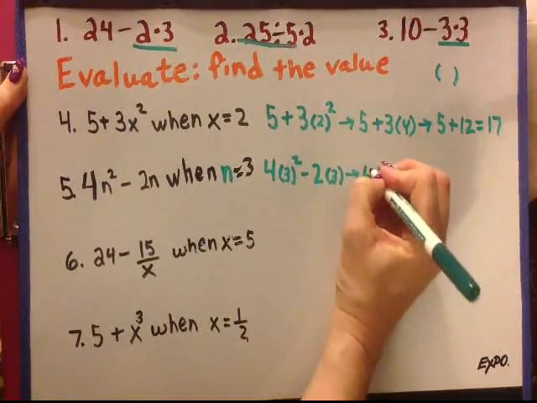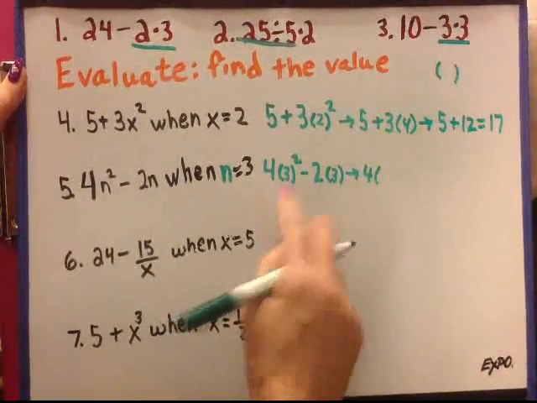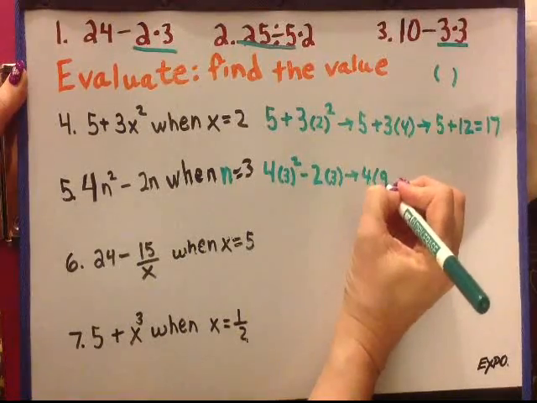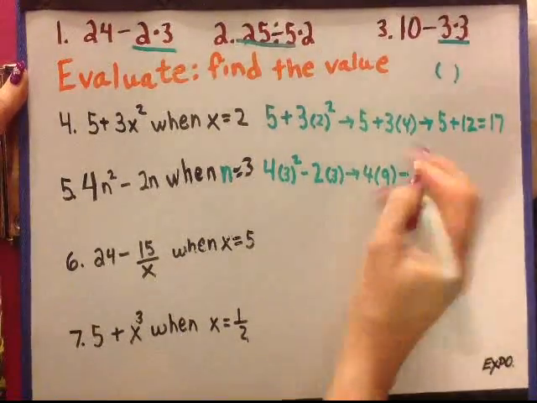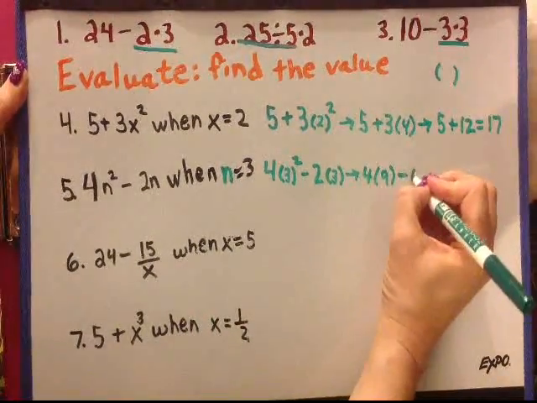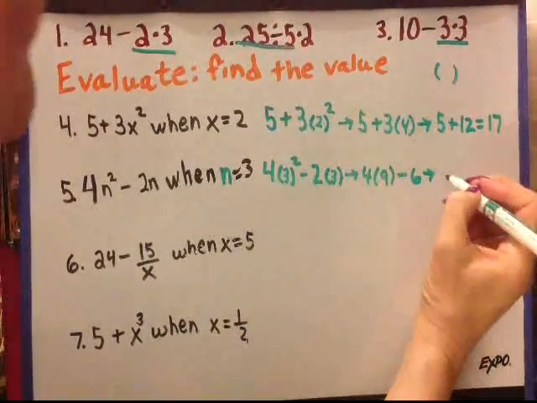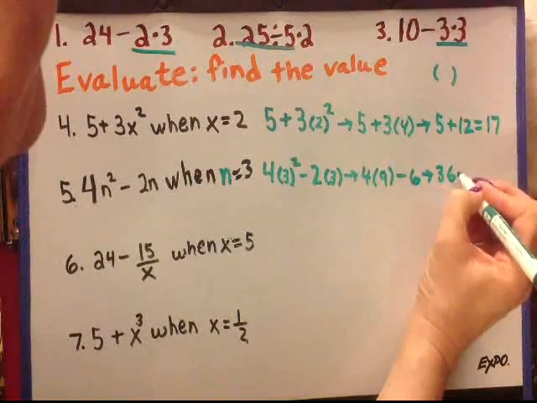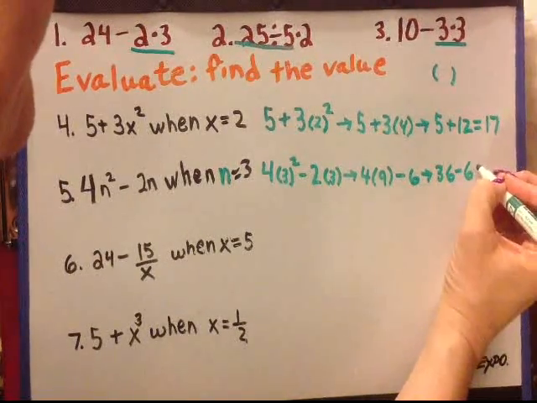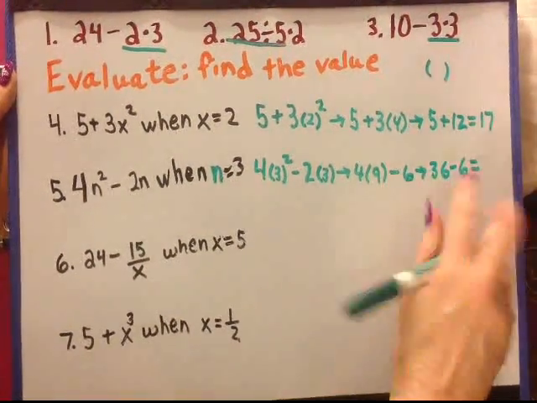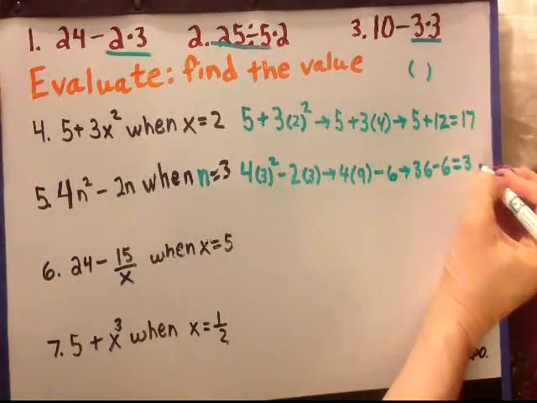All right, 4 times 3 squared is 9, minus 2 times 3 is 6. 4 times 9 is 36, minus 6, and 36 minus 6 equals 30.